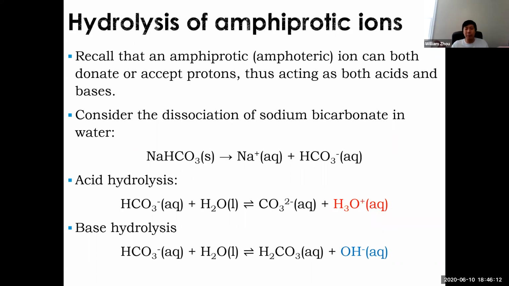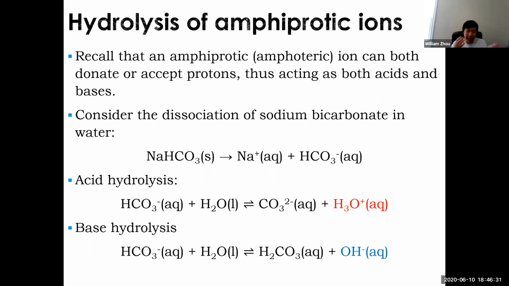How do you determine whether you're acidic or basic if you're amphoteric? Anyone want to answer this one? Based on what I said about the previous one. You compare the Ka and the Kb again? Yes, exactly.